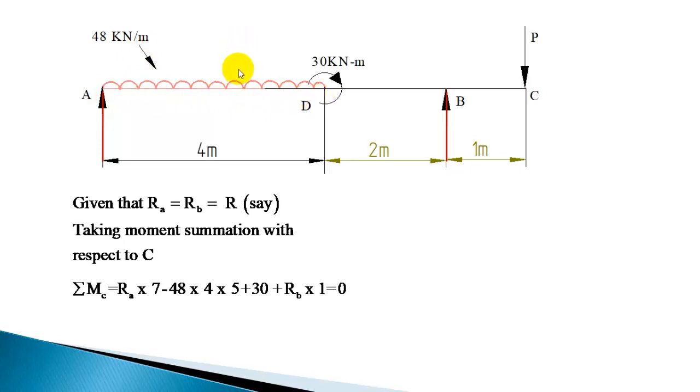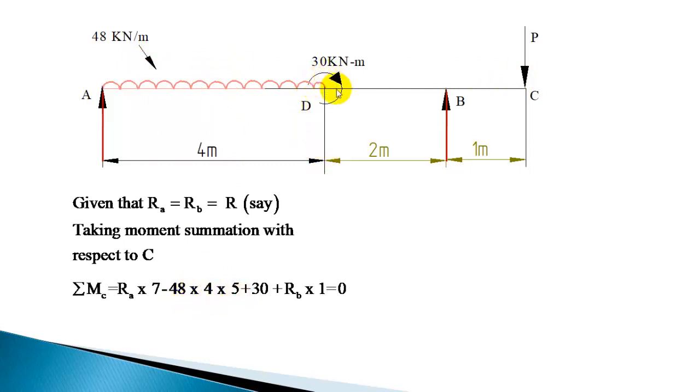So the resultant load is 48 into 4, but this will produce a counterclockwise rotation with respect to point C. The location of the load is the center of the 4 meter, that is 2 meter from D, so from the support C it is 3 plus another 2, that is 5 meter. 48 into 4, the resultant load, into 5 will produce a negative moment.